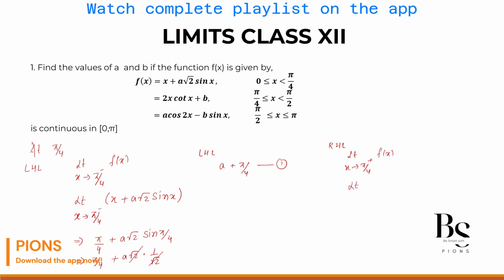So limit x tending to pi by 4 plus of f of x is 2x cot x plus b. Let's substitute the values. So 2 into pi by 4 cot pi by 4. We simply substitute in place of x because this is a function of x. So these are the values of x you can see.